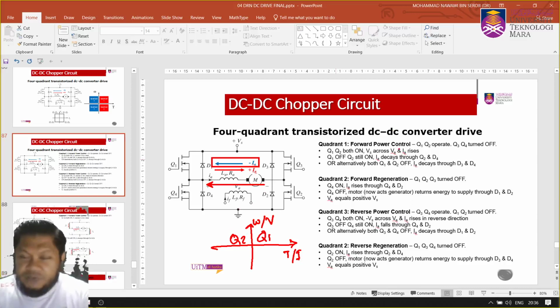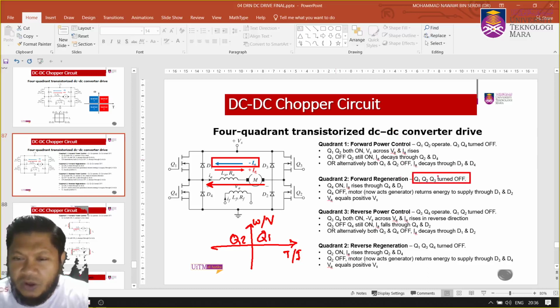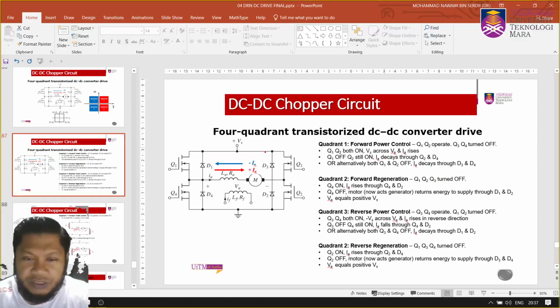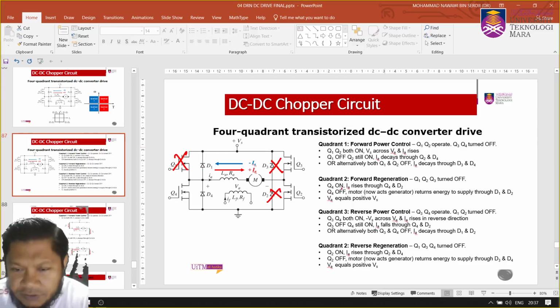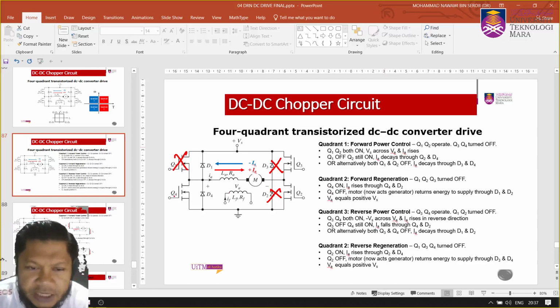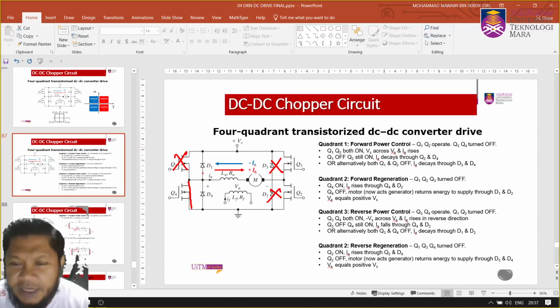In this quadrant, Q1, Q2, Q3 are off. So Q1 off, Q2 off, and Q3 off. So Q4 on, first state, you're going to let Q4 on, and the current starts to rise through D4.